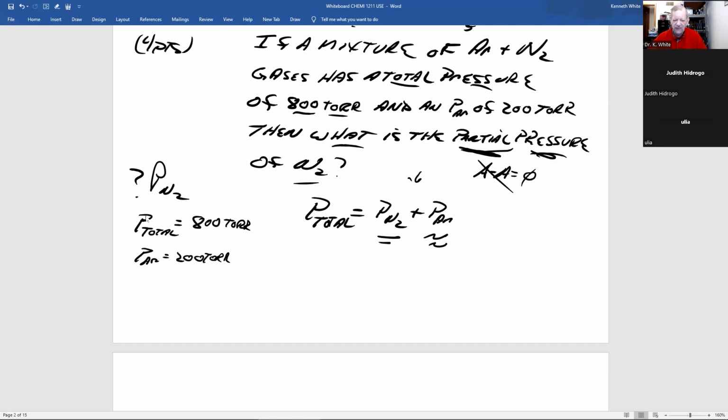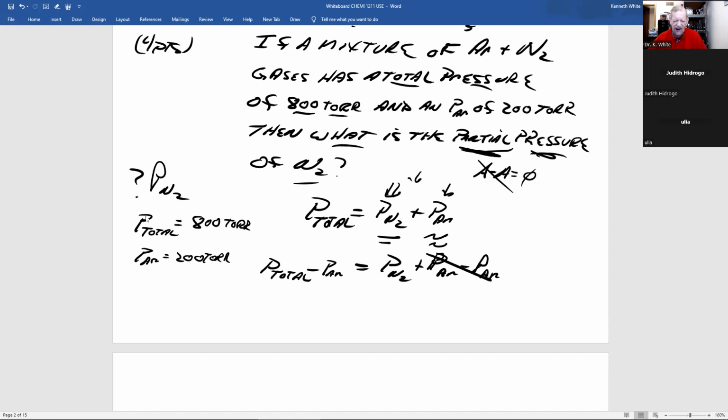So if I subtract, I want to get rid of this because I'm trying to solve for partial pressure nitrogen. So I will subtract partial pressure of argon. Well, whatever you do to one side, you have to do to the other.